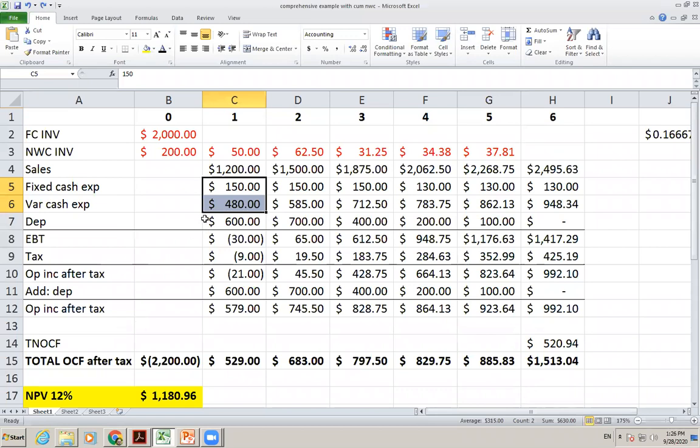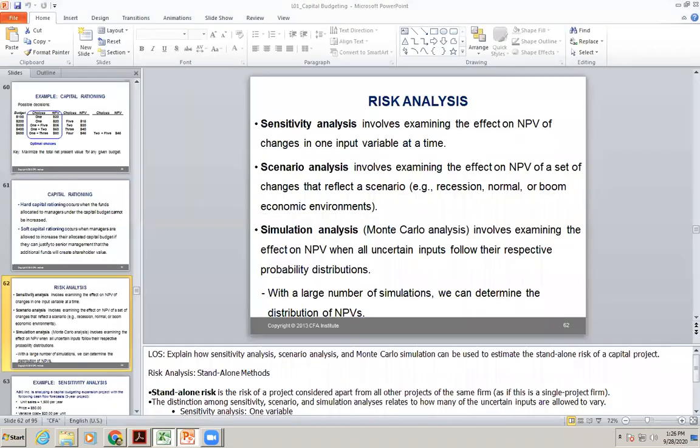When there is a recession, the worst case scenario, sales are low and expenses are high. You're trying to exaggerate things, making your profit low and expenses high, in order to see what the worst scenario would be. You're trying to create the worst scenario you could ever face. This is called a scenario analysis.